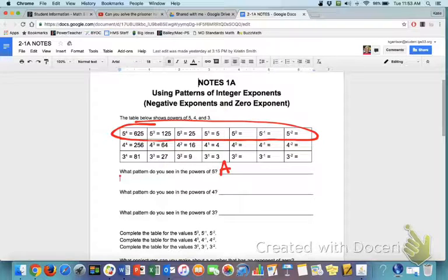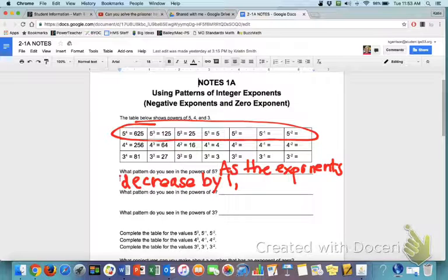As the exponents decrease by 1, the value of the power is divided by 5. Sorry for the handwriting. I'll erase this in a minute. You guys should be writing a lot smaller and it should fit for you.